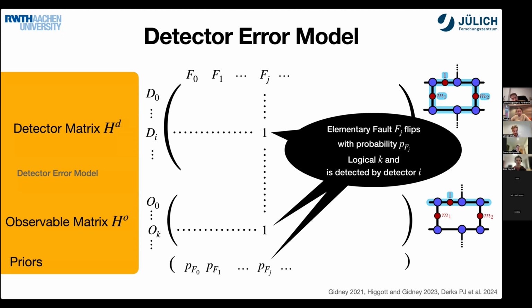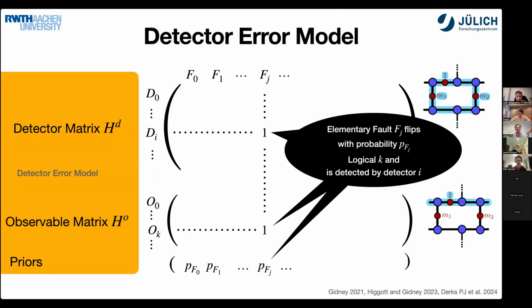The detector matrix, in particular, then specifies a classical linear code, for which you can, in principle, use all of the tools that classical decoding gives you to get an error guess.